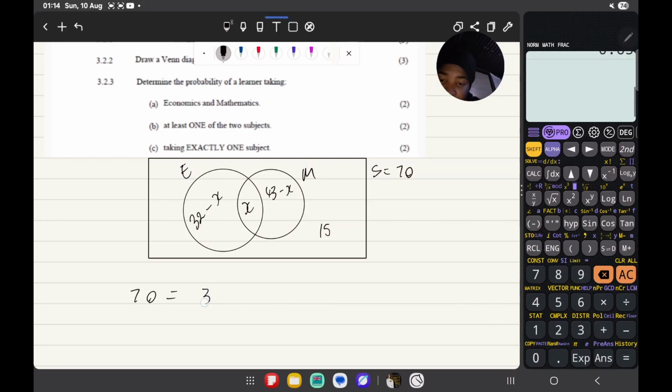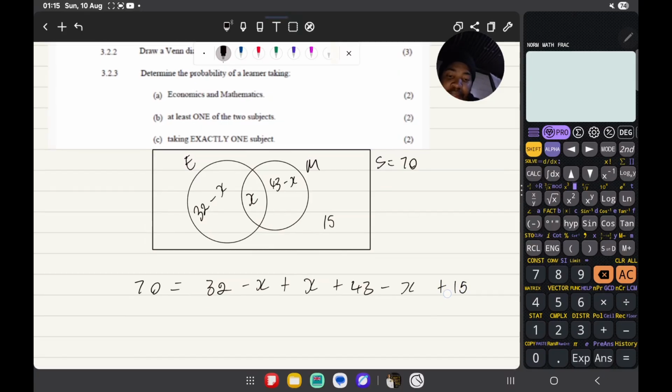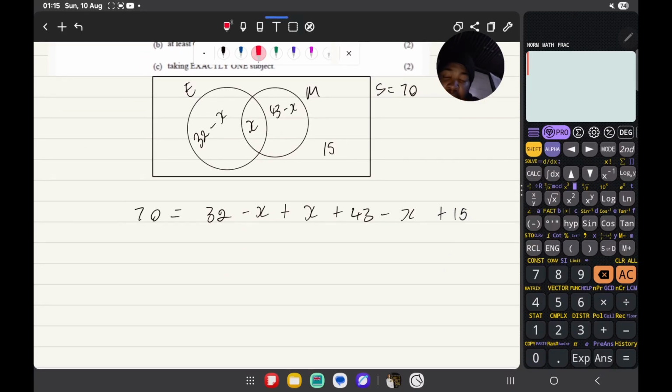So that means 32 minus x plus 43 minus x plus 15. Already I'm seeing the x's add up to 2x. This is negative, so I will transpose it to the other side, and then I will transpose 70 to the other side of the equation.